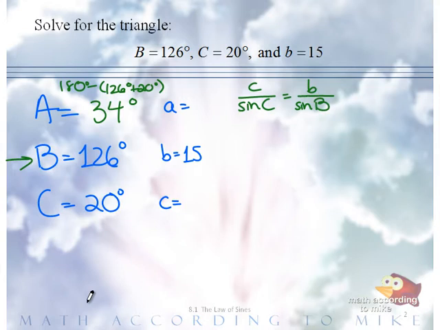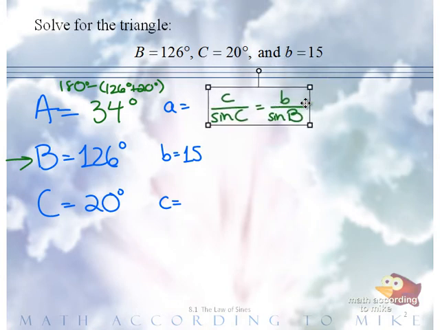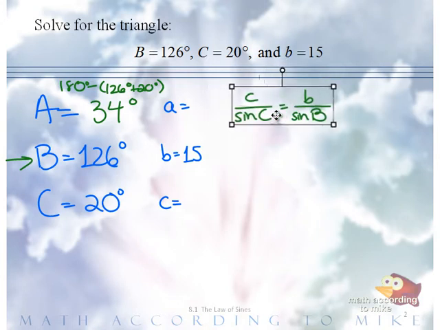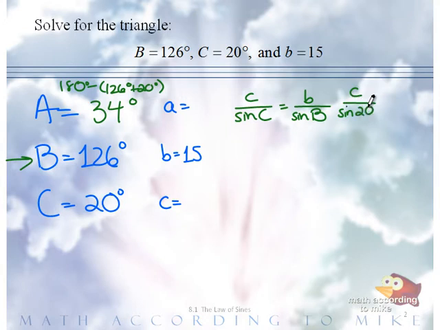So for us, we would say c over the sine of angle C, which is 20 degrees, equals b, 15 units, over the sine of angle B, 126.